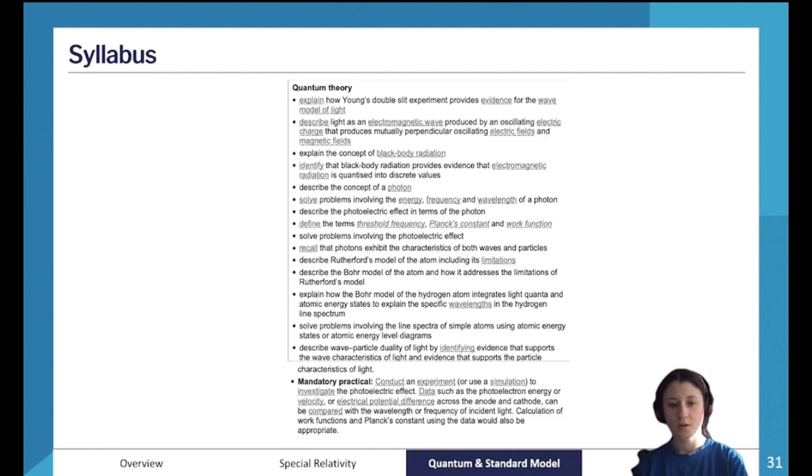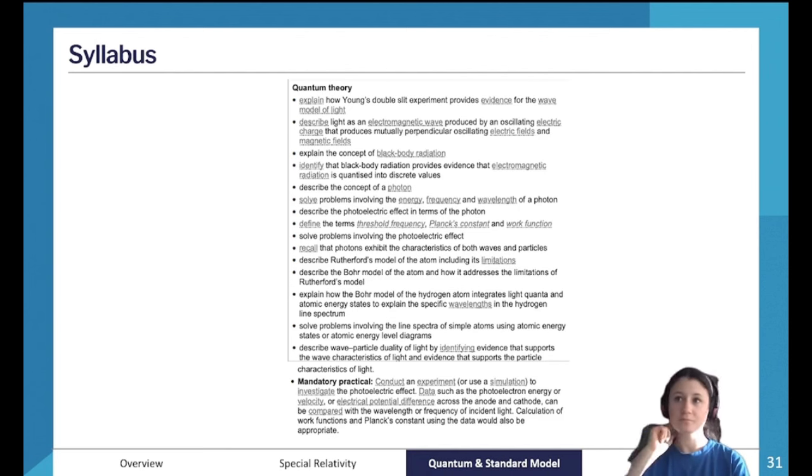So, the first thing that we're going to look at is Young's double slit experiment. Now, as a bit of revision, remember, quantum theory is, we look a lot at the wave-particle duality of light. Look at the experiments supporting the wave model or the particle model, because light can act as either a particle or a wave.